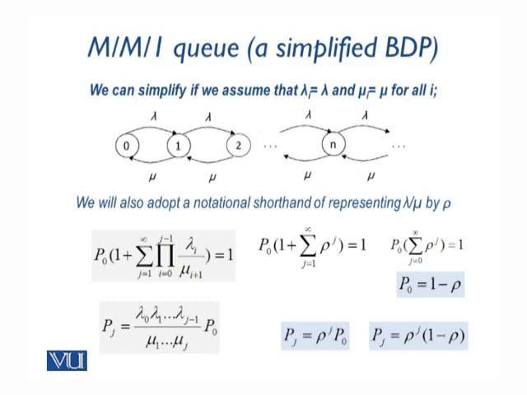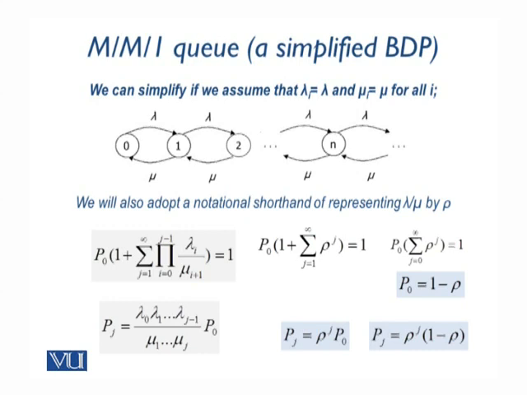So we've already achieved a lot. We have obtained the probability distribution of the MM1 queue, and on the basis of this, we can actually calculate the expected number of customers in the queue. How can we do that? We can do that by taking the expected value using P naught and Pj.